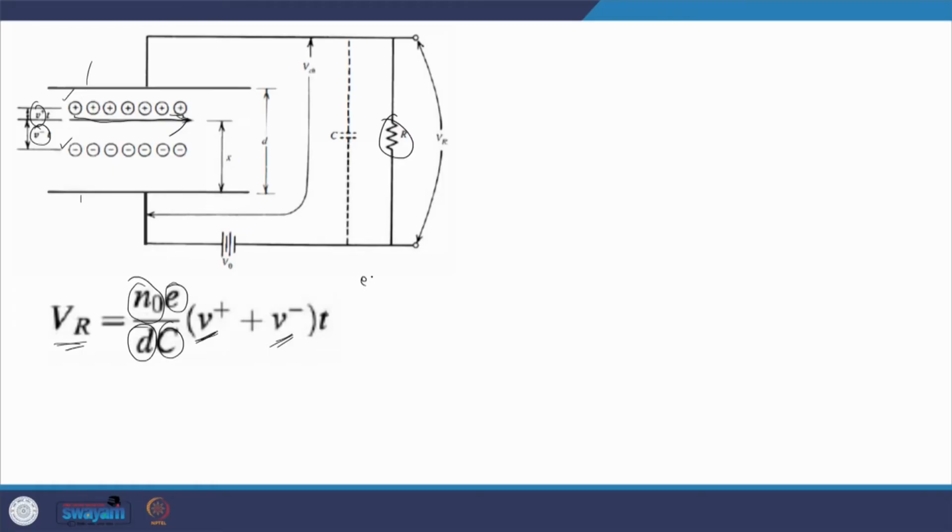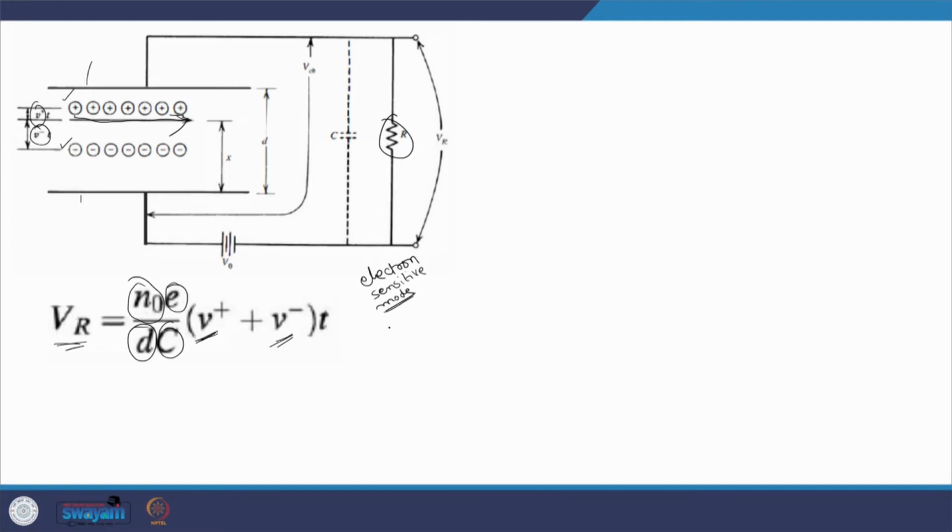So, it will take less time to reach the electrode. Electrons being lighter particles, they will quickly collect at the anode. So, electrons will reach the electrode first. That is the reason many times ionization chambers are operated in electron sensitive mode.